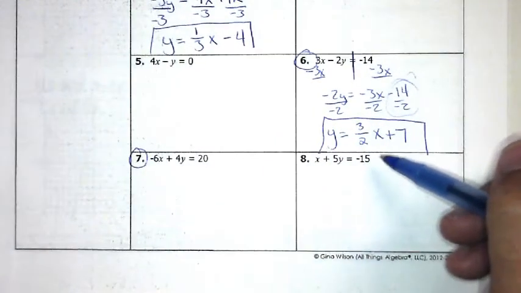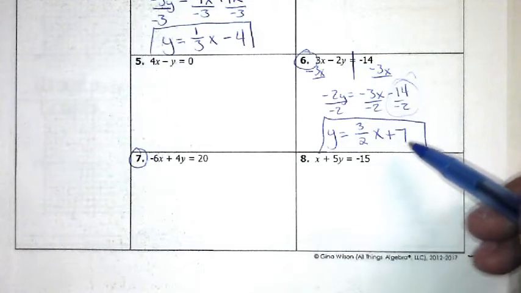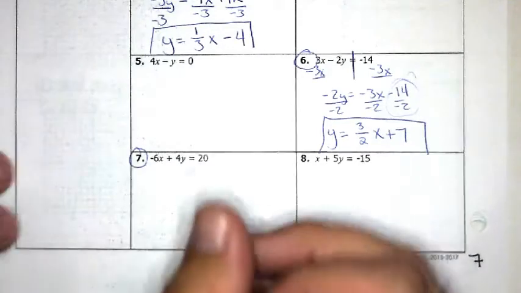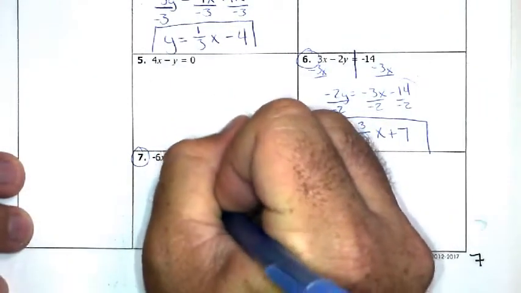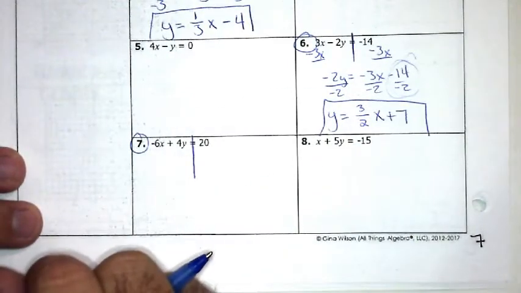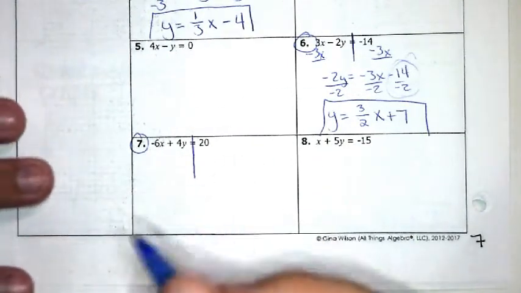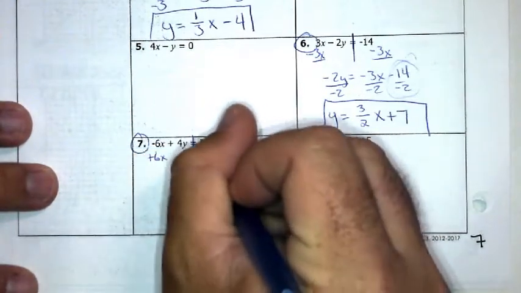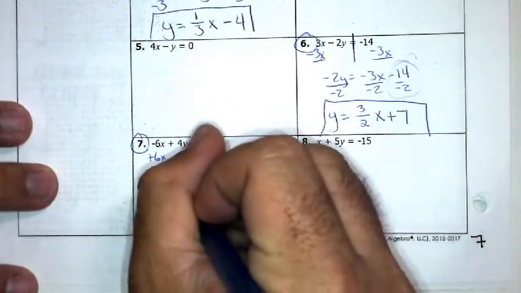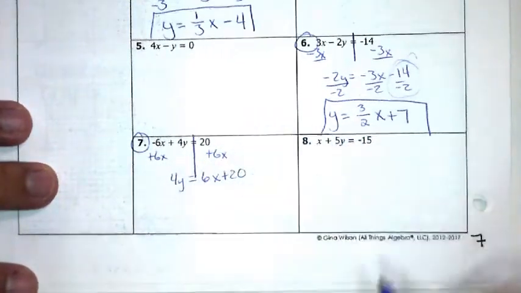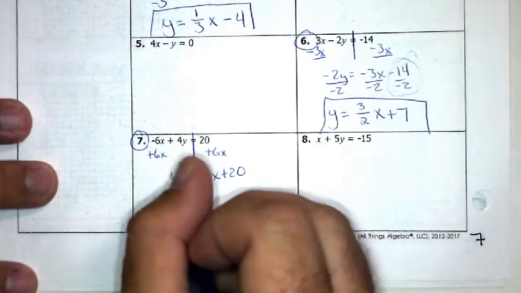All right, who'd like to walk me through question 7? Just walk me through it. Corbin? Okay, so I have 4y equals 6x plus 20. And that gives me y equals.